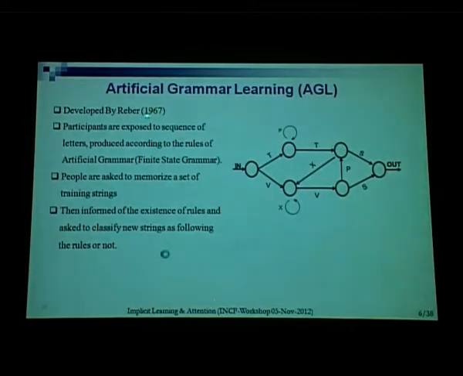Back in the 60s, Reber proposed artificial grammar learning. On the right hand side you see a finite state grammar. The way to understand this, there is an input. This machine generates strings of letters starting from the in state and ending at the out state, following these arcs, and every time it transits, and these circles are called states of this system.